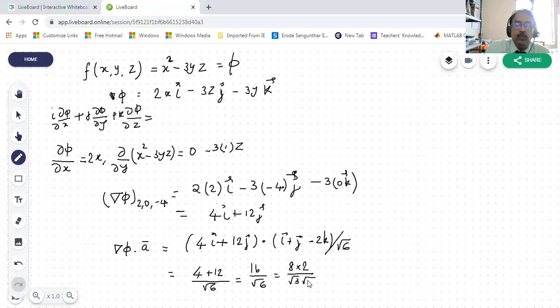Again, we can write it as 8 into root 2 into root 2 divided by root 3 into root 2, so 8 root 2 by root 3.